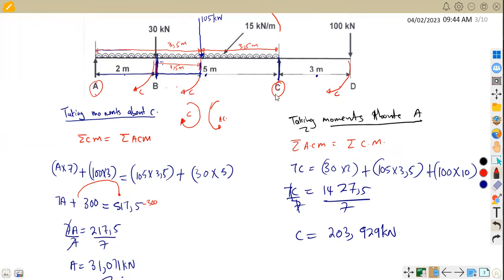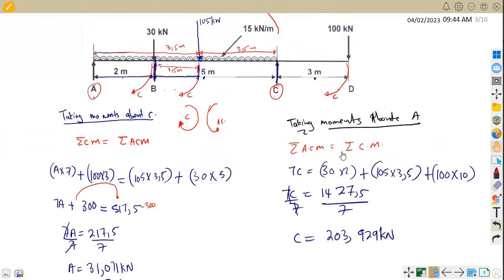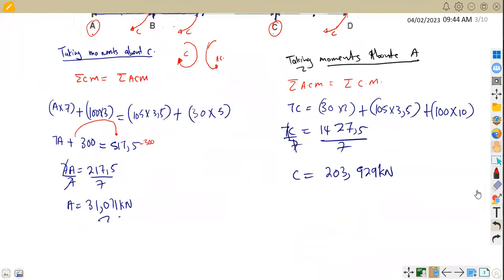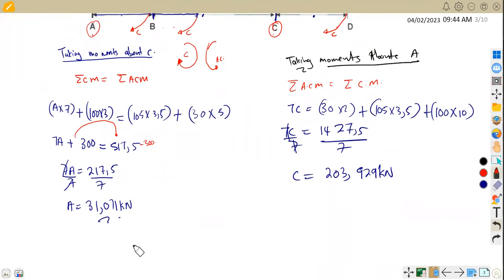So A plus C must be equal to the forces going down. A is 31,071 plus C, which is 203,929 kilonewton. So this must be equal to the ones going down.